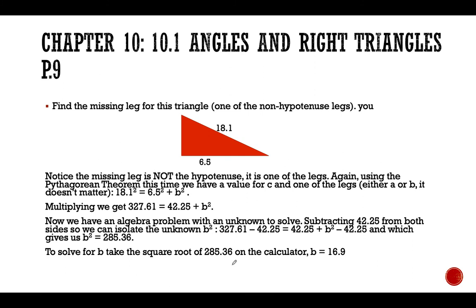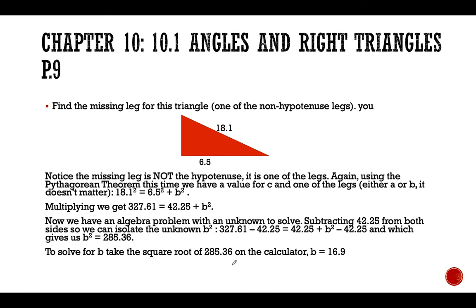Now we just have an algebra problem with an unknown. So we're going to subtract 42.25 from both sides so we can isolate the unknown B squared. 327.61 minus 42.25 equals 42.25 plus B squared minus 42.25.